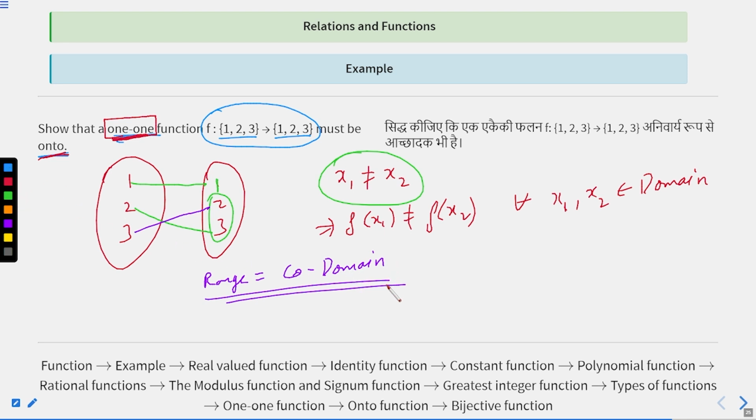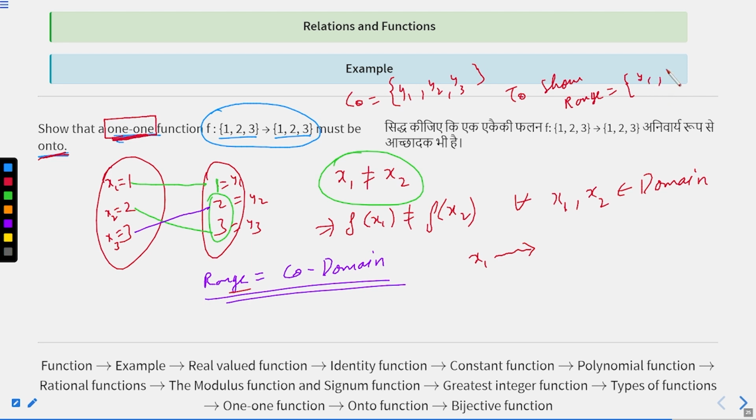Because it is one-one, this means x1 is related to some element. I am saying this is my x1, this is my x2, this is my x3, and this is my y1, y2, y3. The codomain set is y1, y2, y3. Now to show that the range set is also equal to the codomain, this means range is also equal to y1, y2 and y3.